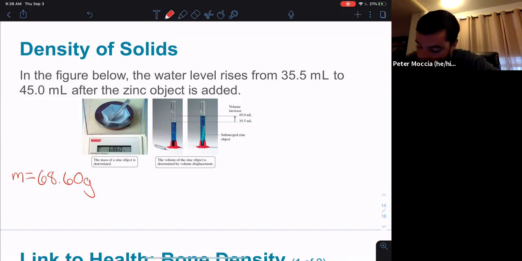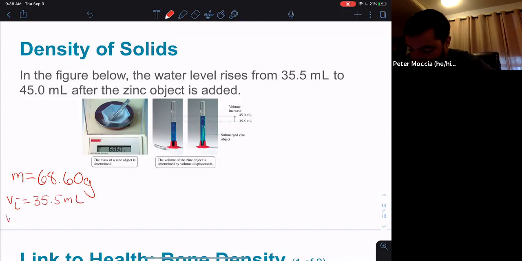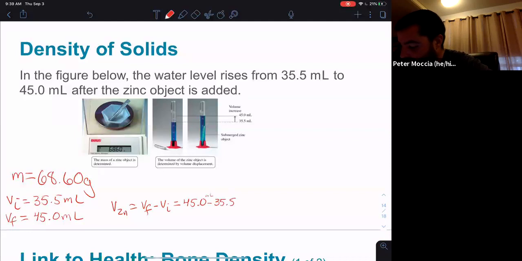I have that my initial volume is 35.5 milliliters, and my final volume is 45.0 milliliters, okay? So the volume of the zinc is going to be equal to the final volume minus the initial volume, which is 45.0 minus 35.5 milliliters.